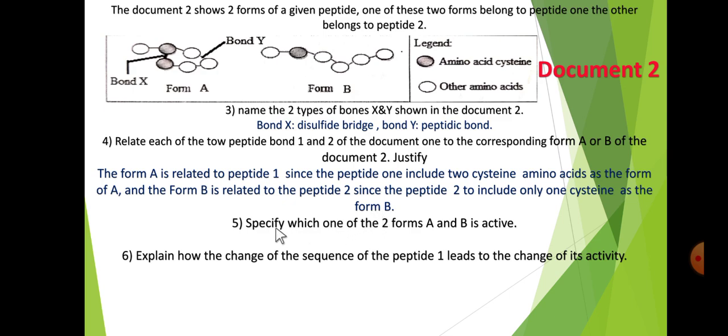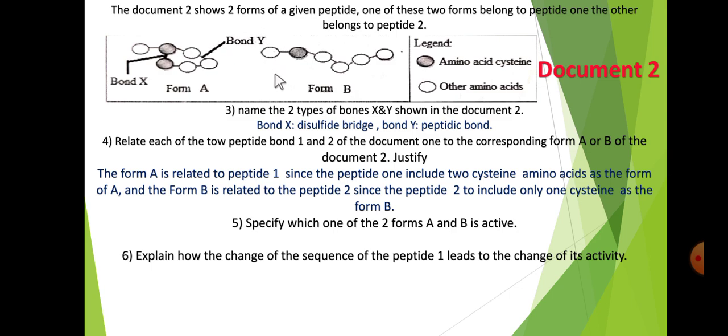Now the question is: specify which one of the two forms A and B is active. In your opinion, which one is active, which one is functional, A or B? We must know, because we took before that in order for the enzyme or the hormone or any protein to be functional, it must have a three-dimensional shape.